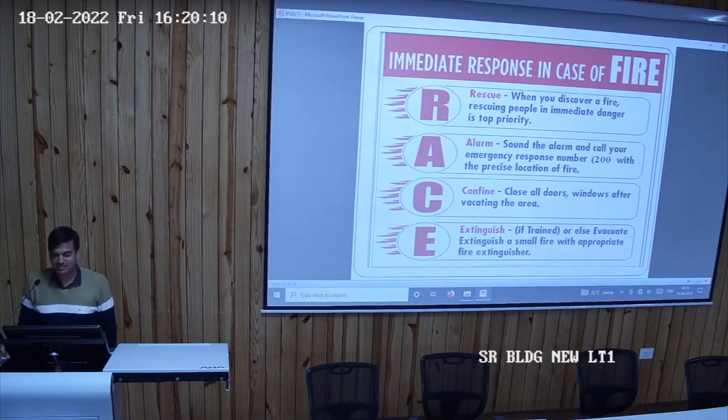See, that sounds very easy, but the panic which arises at that time is too much. So these are the 2 strategies. Is there any fire extinguisher in this room? Okay, so it must be.